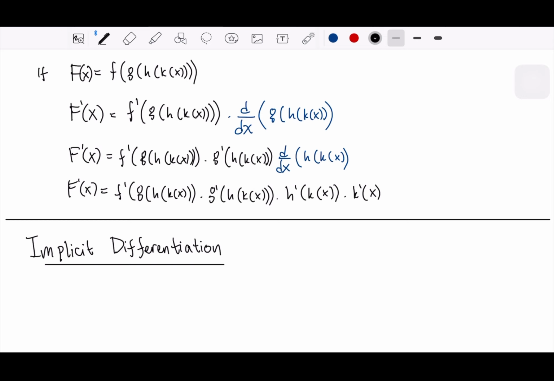So what does it mean for differentiation?